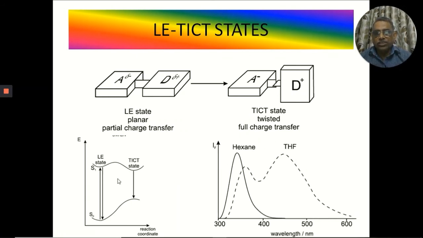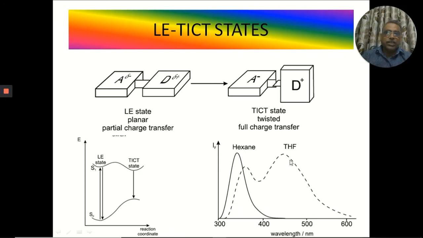Now the electronic states can be illustrated very clearly here. The LE state is the vertical transition, which is also called the Franck-Condon state, and the twist associated with charge transfer will give a new emission. A new emission always happens at longer wavelength. It is a low energy gap electronic relaxation. This kind of CT, long wavelength emission can be observed only in polar solvents.